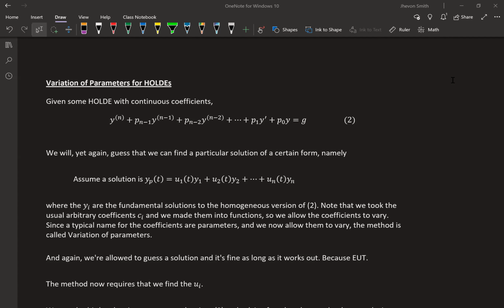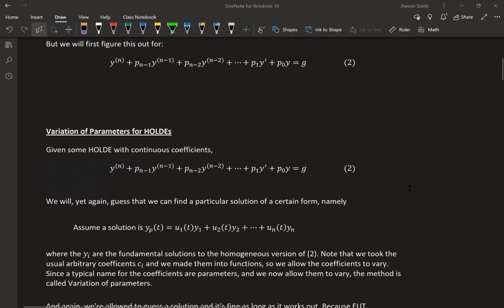We are just going to pretend that the solution looks like this form, and then we're going to try to figure out what the functions U1, U2, all the way through UN actually have to be in order to get the particular solution of this form to work. And once it works, that's good enough because, you know, existence and uniqueness theorem, we can use that for a lot of things.